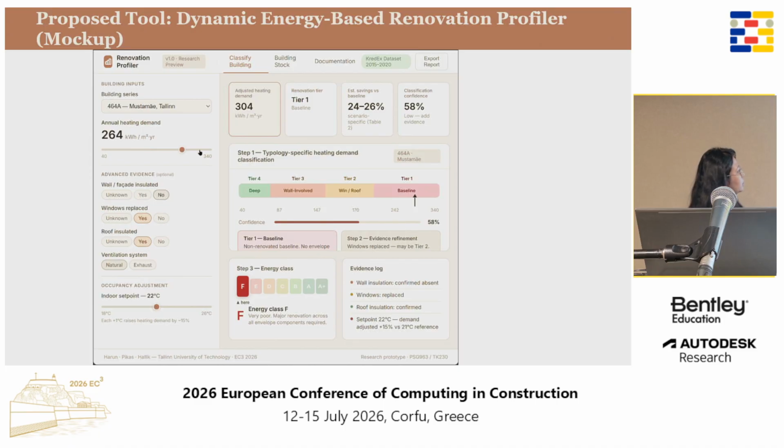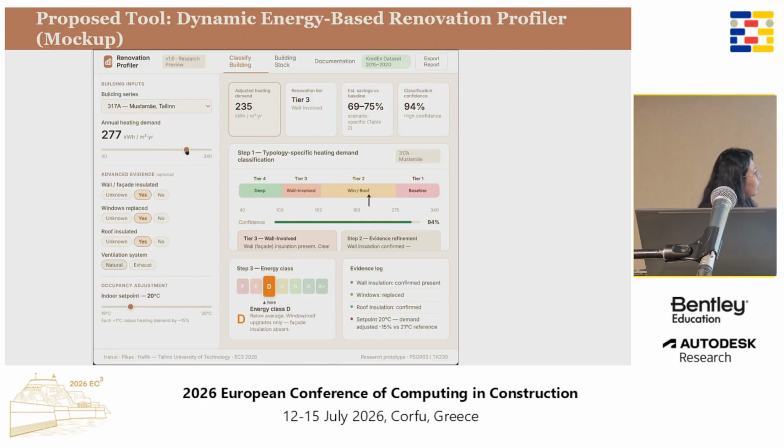If the user inserts the building series and the heating demand, then the tool can tell where the building is in terms of renovation state, and if the building's renovation is in an overlapping state, you can add evidence. Also, if the user wants to understand which type of renovation can achieve what type of heating demand, they can play with this.